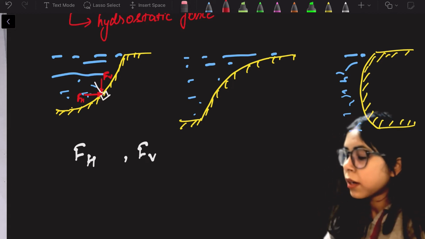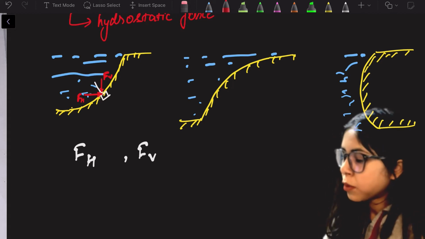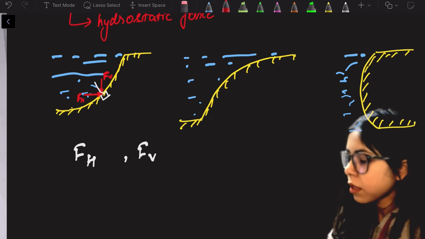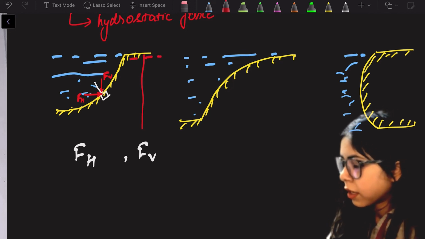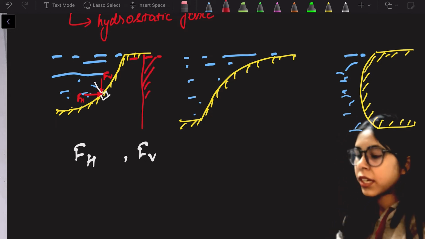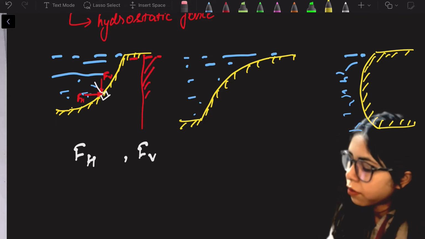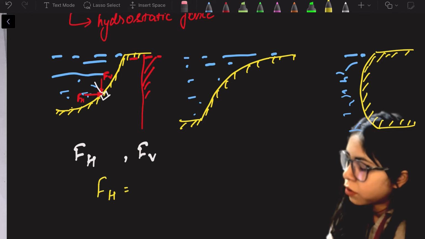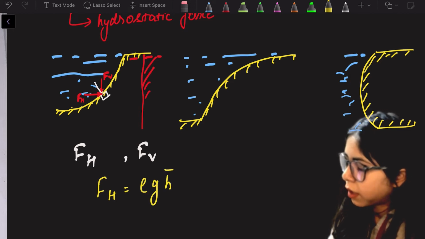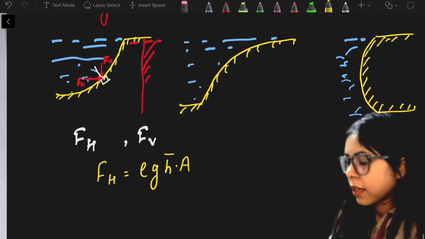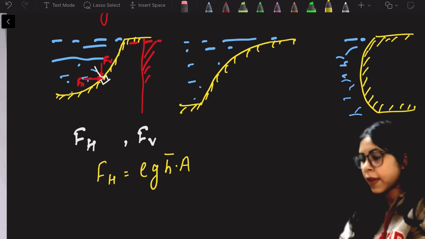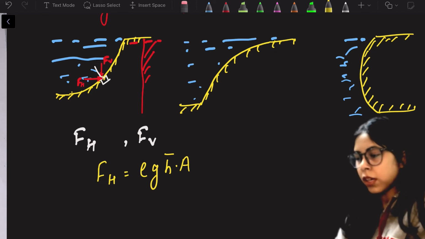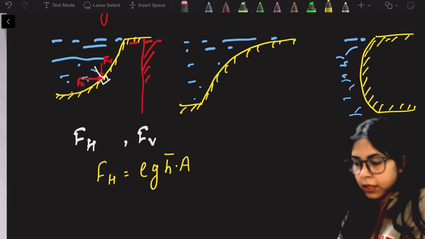Horizontal force is nothing but the projection. If we project the vertical area of this particular body somewhere here, with this projected area we get the horizontal force as rho g h bar into A. Here rho g is the density and the acceleration due to gravity, and h bar, as I have just told, is the height from the free surface.